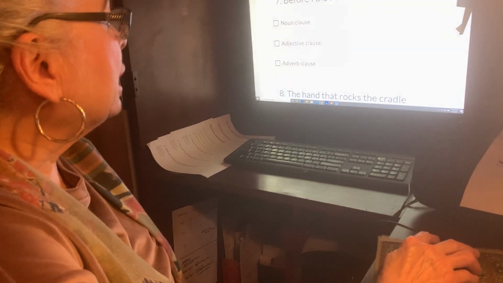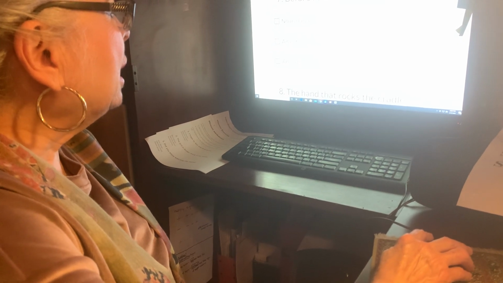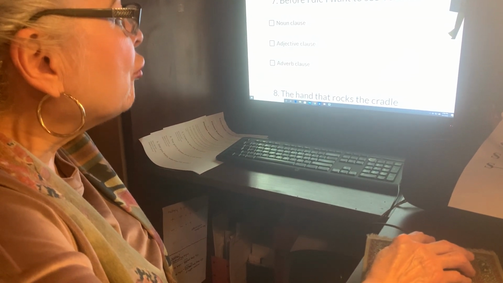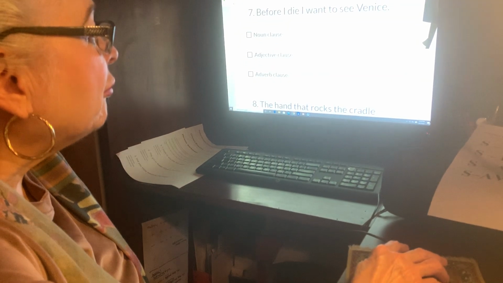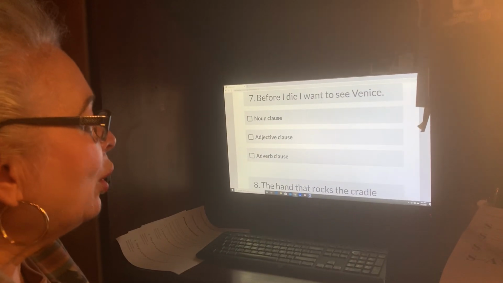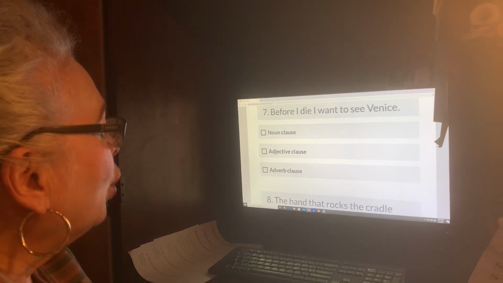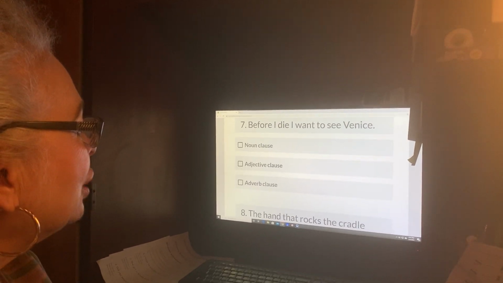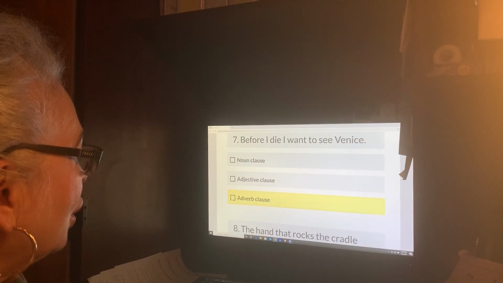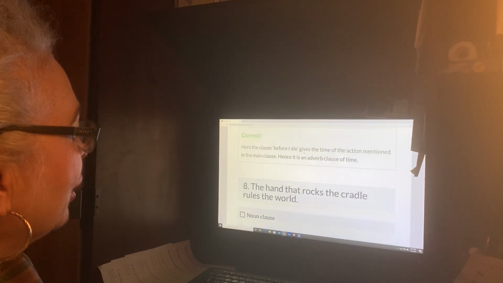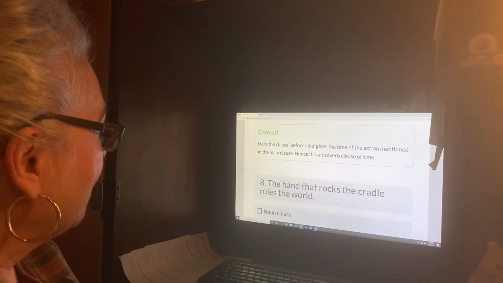A-V-D-O for this phrase. This is an infinitive phrase, but they don't want the phrase. They want the clause. Before I die, and that is an introductory adverbial clause. A little sneaky there. And correct.